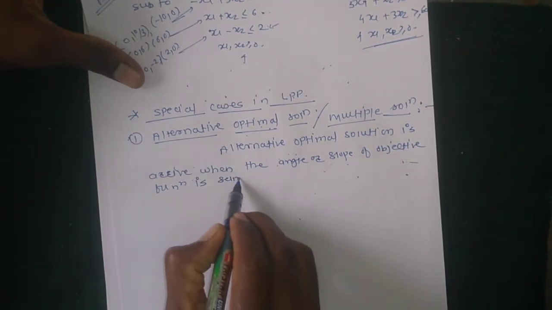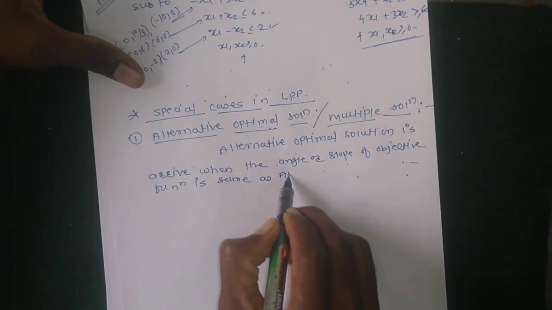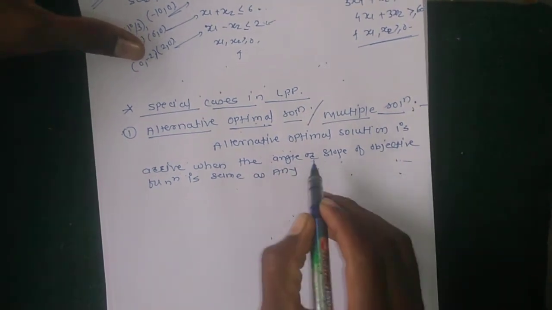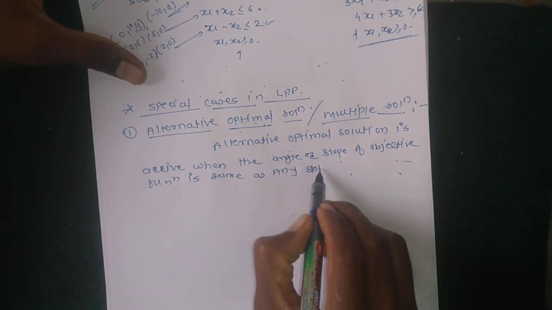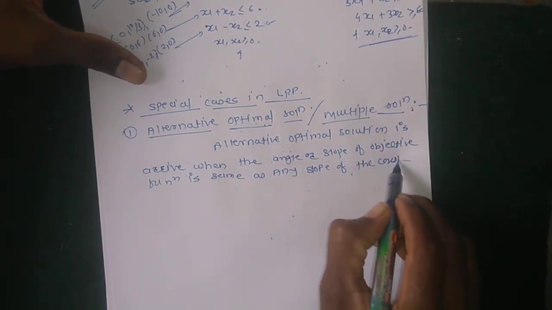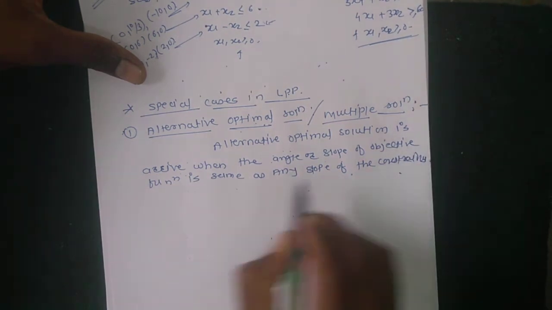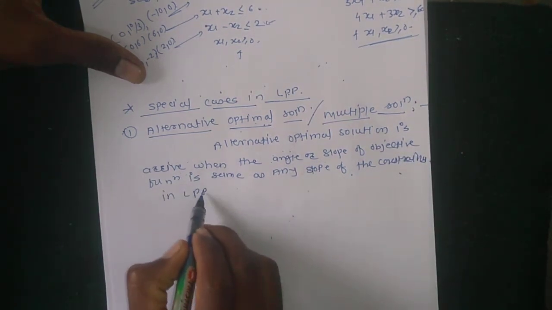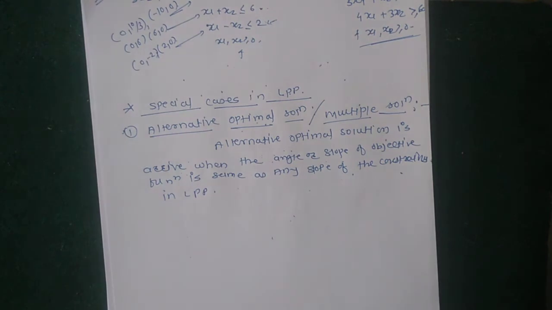is the same as the slope of any of the constraints in the LPP.